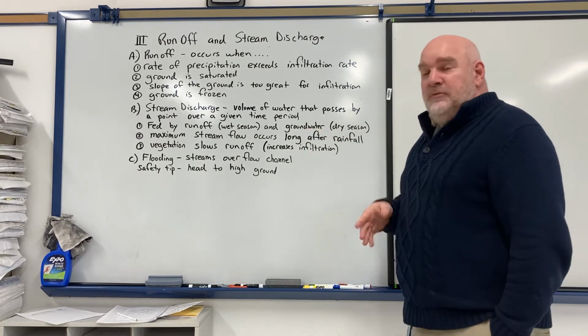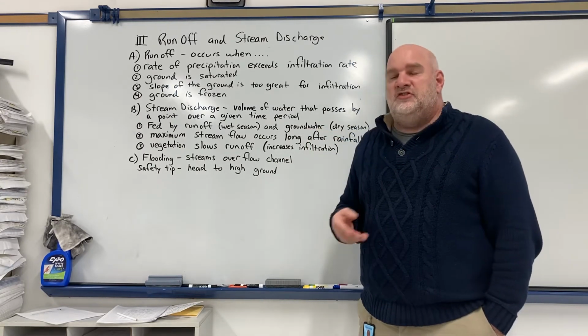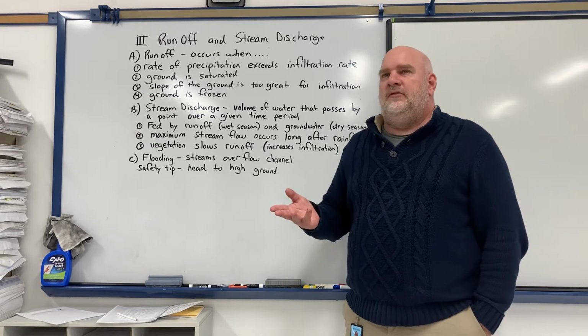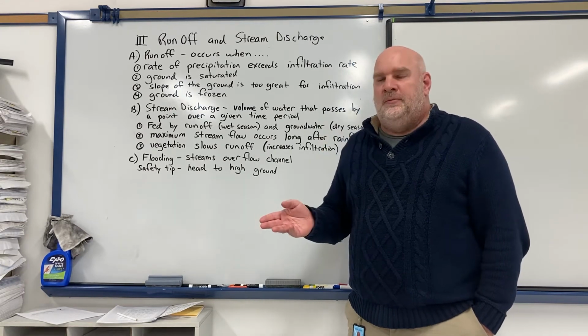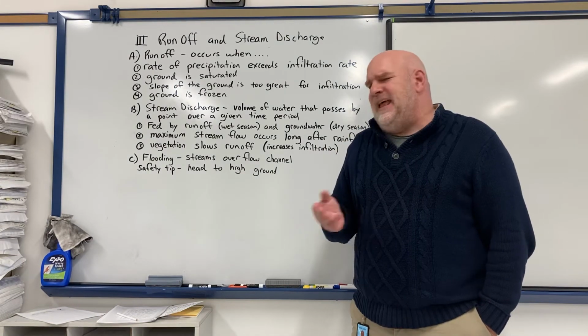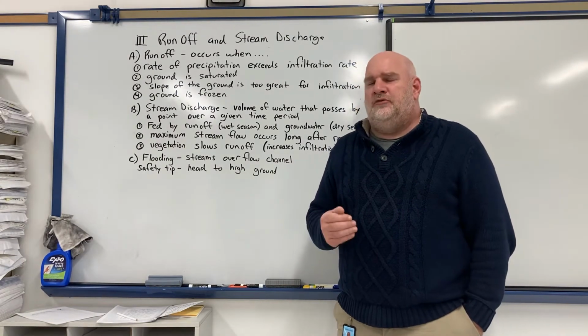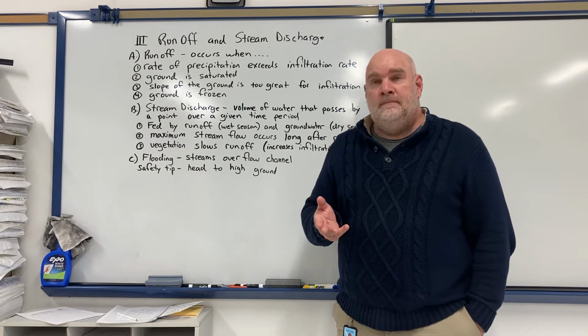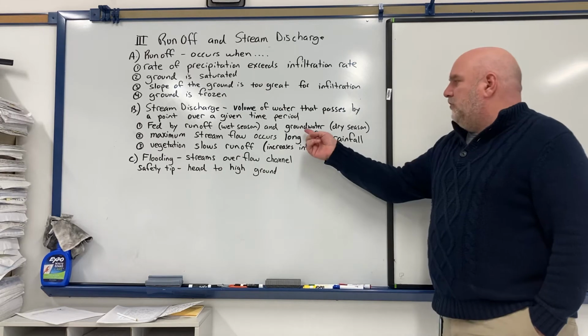Now, some streams though, let's say it's in the summertime and it hasn't rained in like 3 weeks. Some streams will dry up completely. All right? Other streams will still have water in them. But if it hasn't rained for like 3 weeks, that water in the stream probably did not come from runoff. So where is that water coming from? Well, in most cases, it's coming from groundwater.